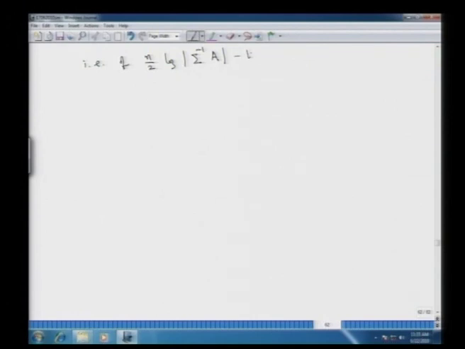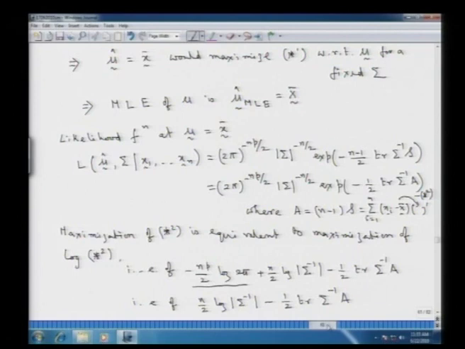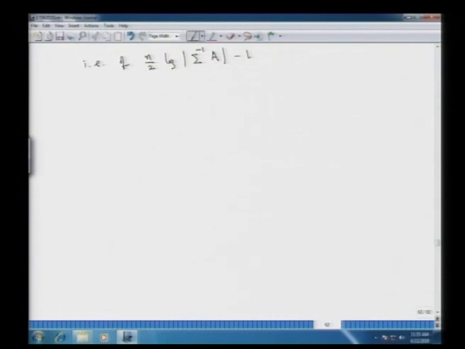So, the second term is minus half trace of sigma inverse A. Then we have actually taken this A matrix here, so we will have to make an adjustment for that. The determinant of this matrix would be the determinant of this times the determinant of A. So, we will require a term which is n by 2 minus log of determinant of A in order to adjust that particular term.